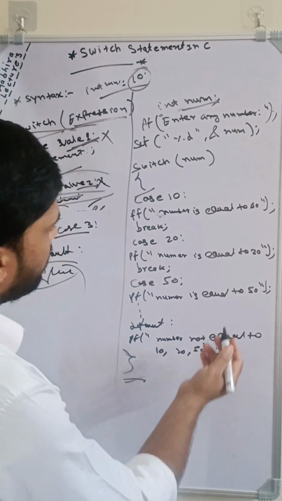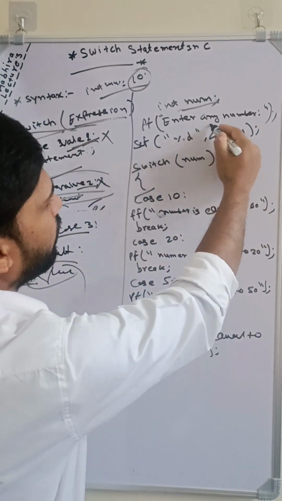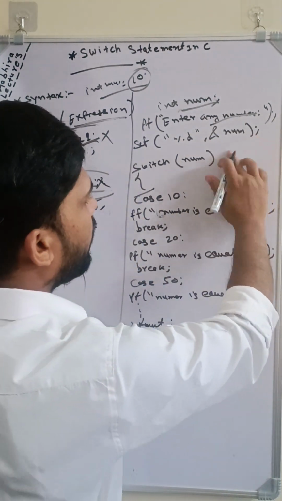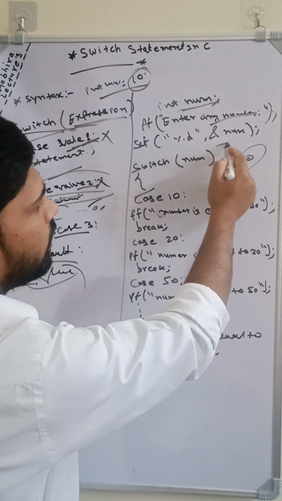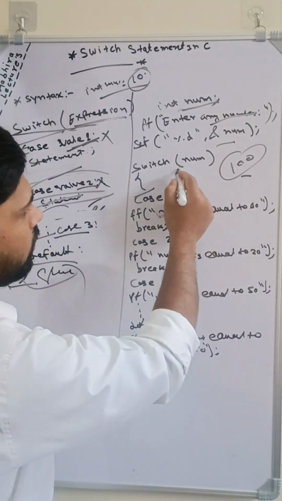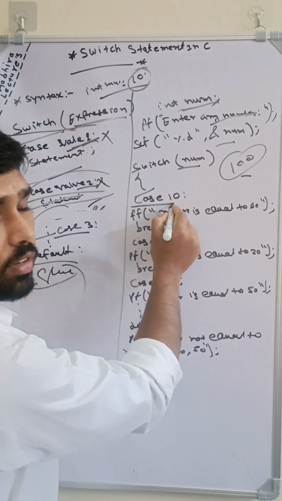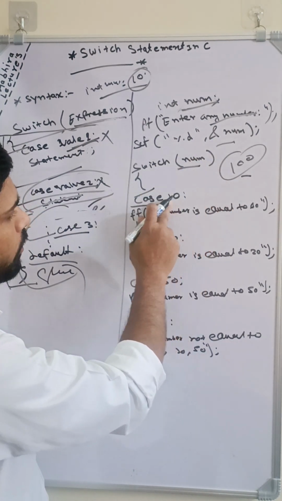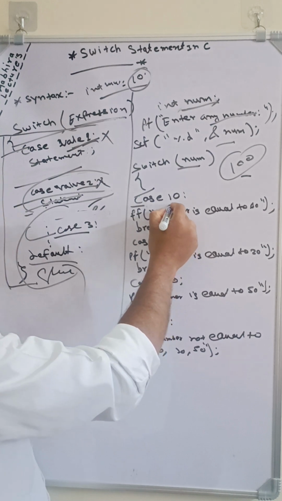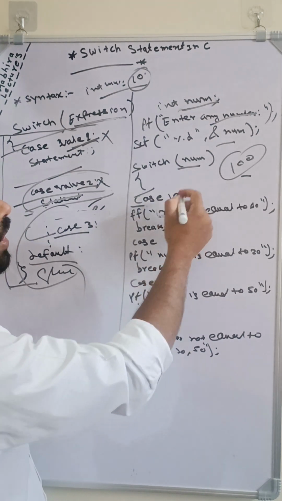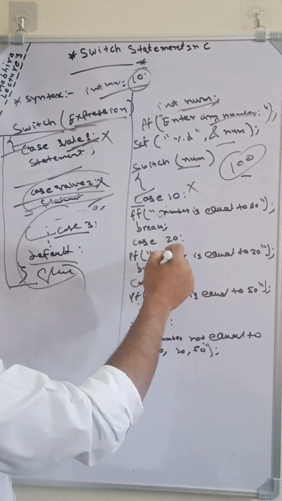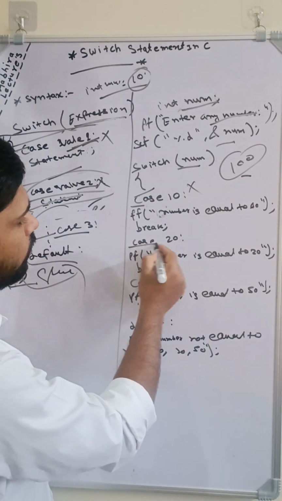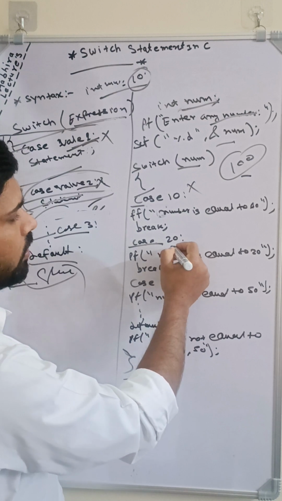So here we are giving any number. Suppose the user gives the number 100. It will come to the switch, number equal to, and check case 1. First of all it will check whether the case matches. No, here case 10 is there, but we gave the number 100, it's not matching, so it will not go inside. It will check the second case. Is the number 100?